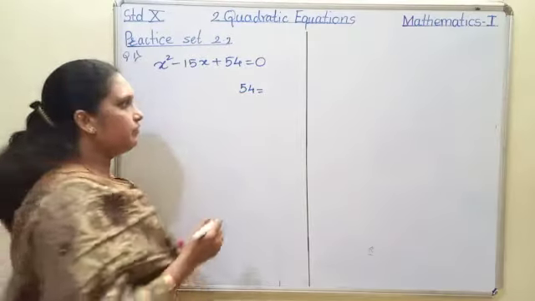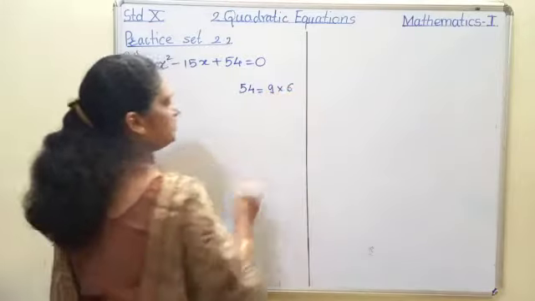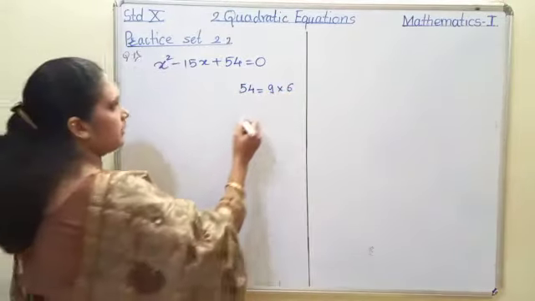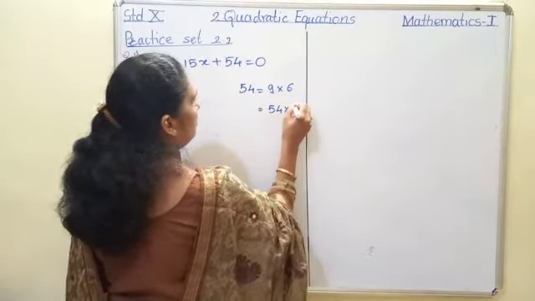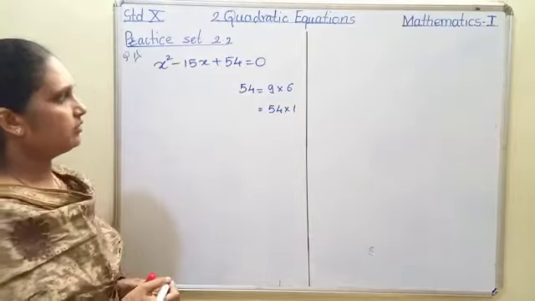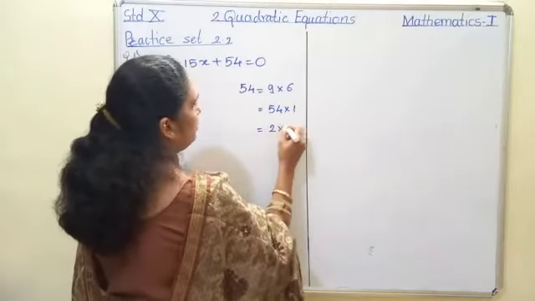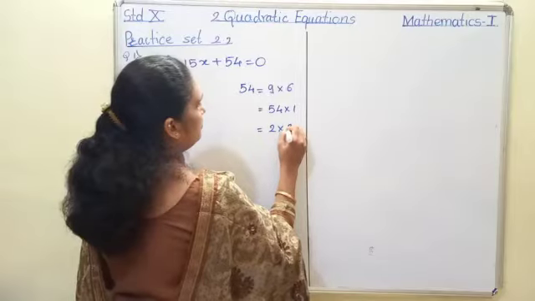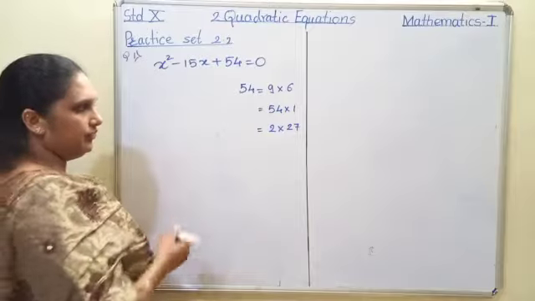Now the factors of 54: first is 9 into 6. Second is 54 into 1, and the next is 2 into 27. 27 2s are 54.